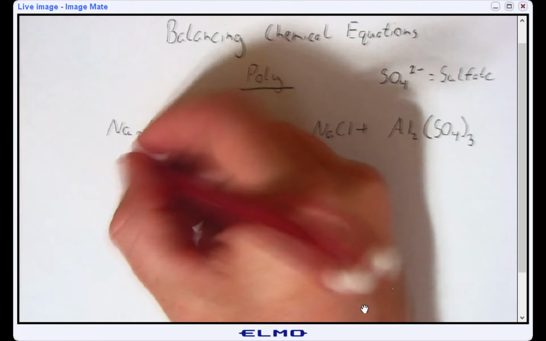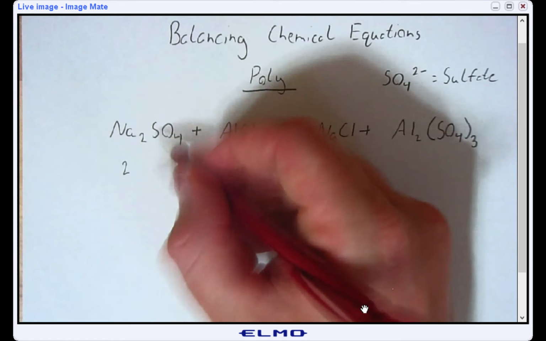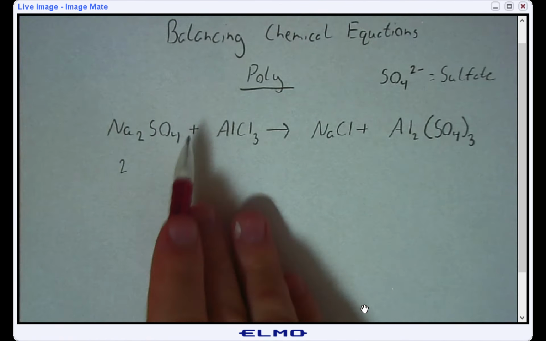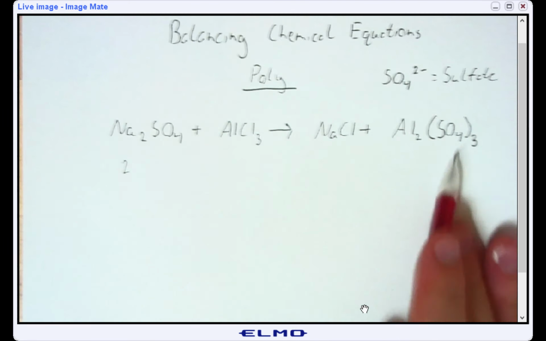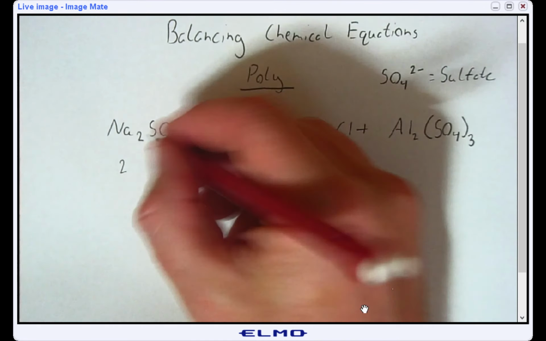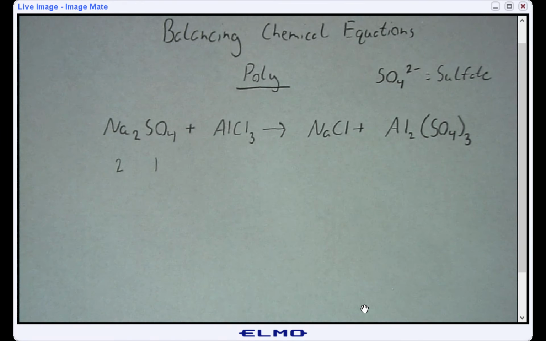Here's what I mean. If I'm counting like the traditional method, I have 2 sodiums, but here I don't count 1 sulfur and 4 oxygen. Train your brain a little differently now. Because this is a poly and there's one on the other side of the same nature, this right here is just 1 sulfate.